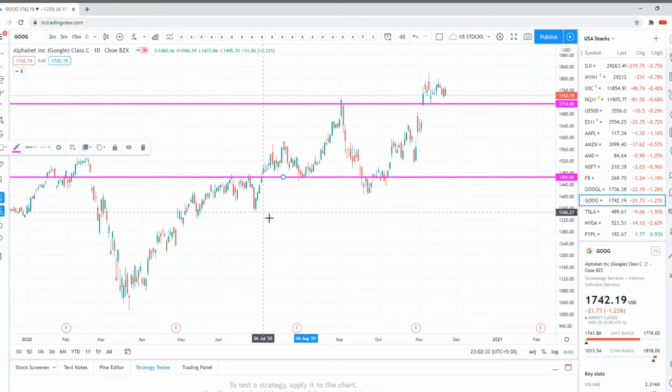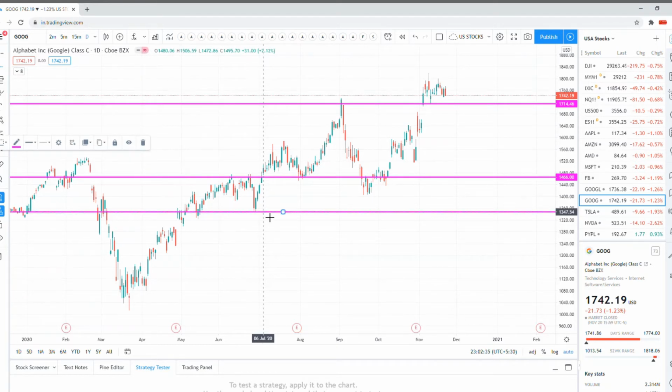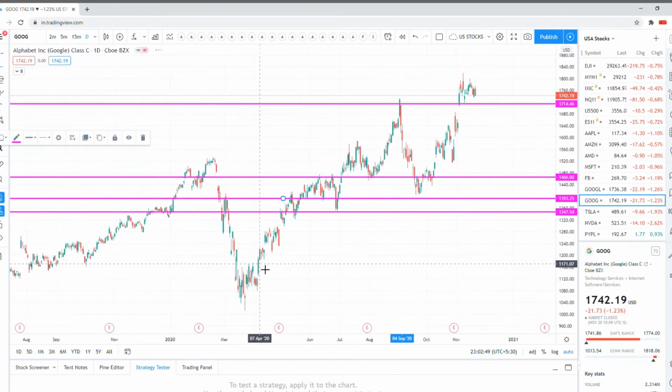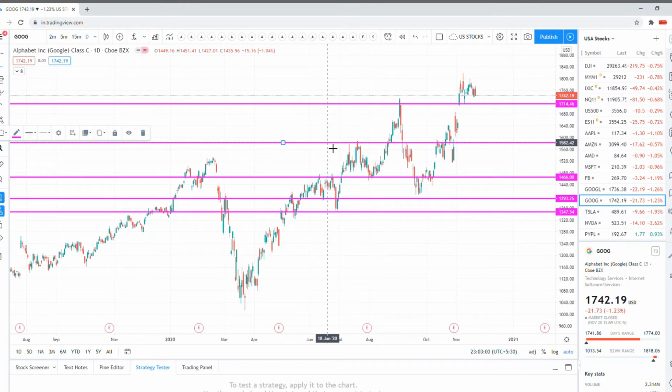This is one more support level which I can see, and this is also one support level. This is one more support level. So this is the thing we have to keep in mind.